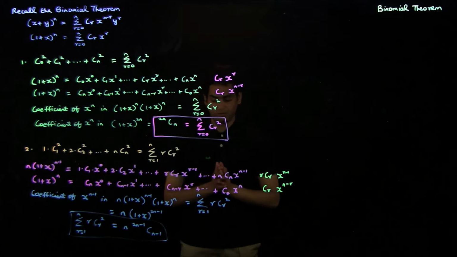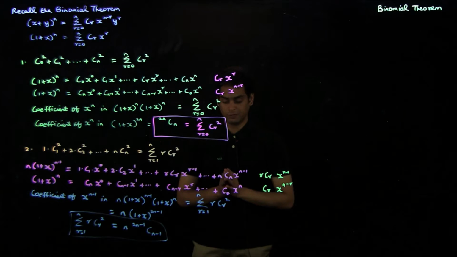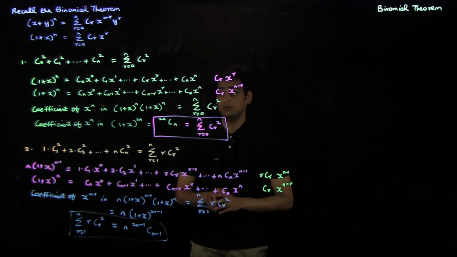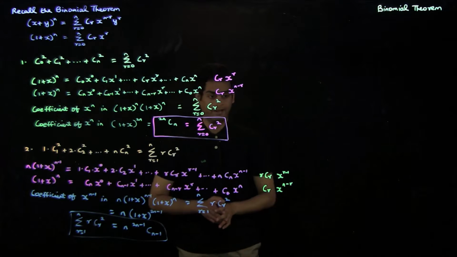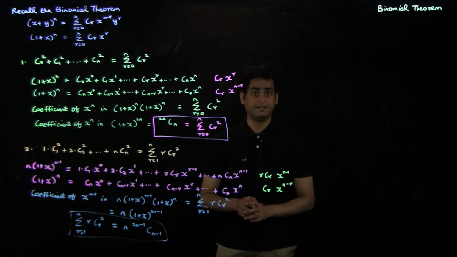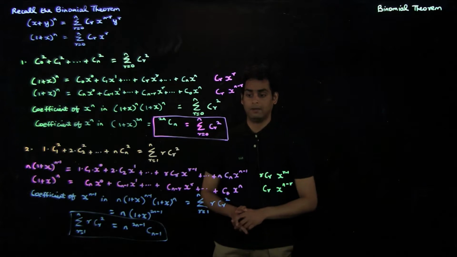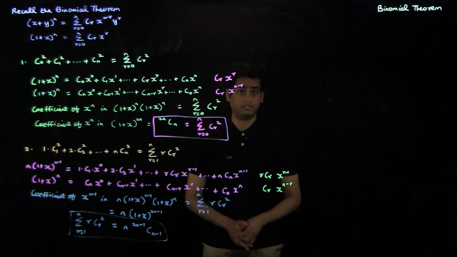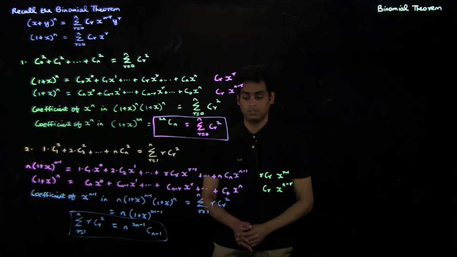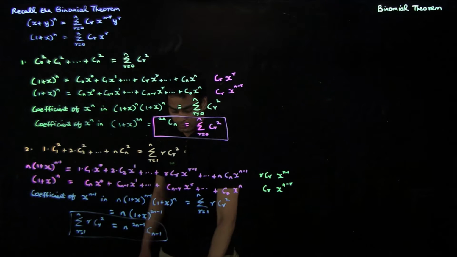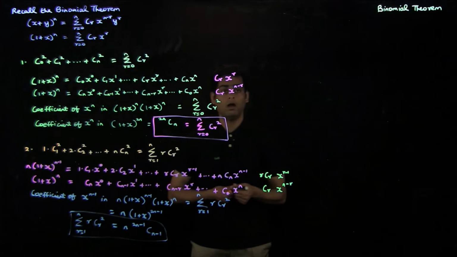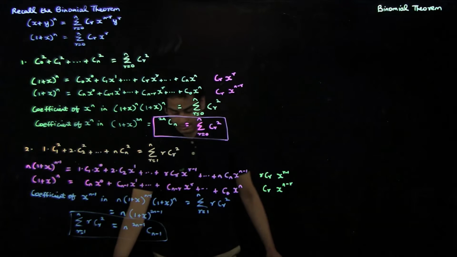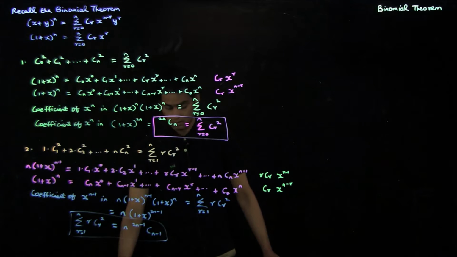So far we have seen two different problems which require us to use the binomial expansion of (1 plus x) power n or its derivative and then multiply it with itself to obtain a closed form expression for a particular summation. So the following problem can be taken as an exercise.